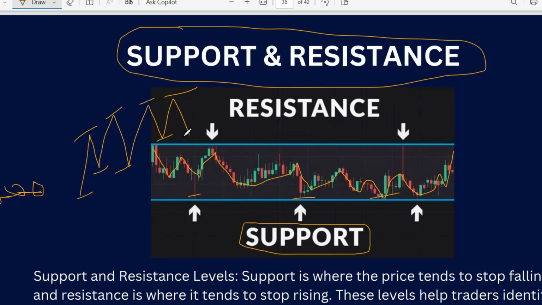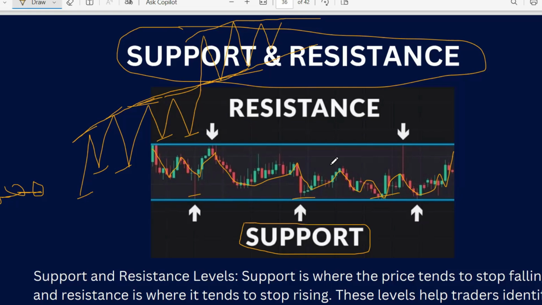But if it breaks this resistance level and goes above, then this place becomes another support. So this place becomes another support level, meaning price is going to come, hit this level, go up, hit this level, go up. Now here becomes resistance level. Here becomes another support level. That makes sense?